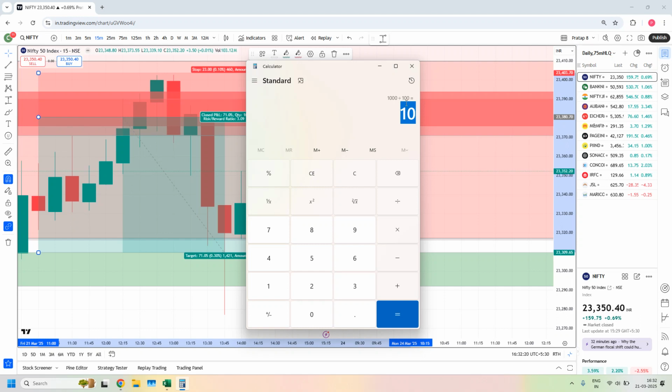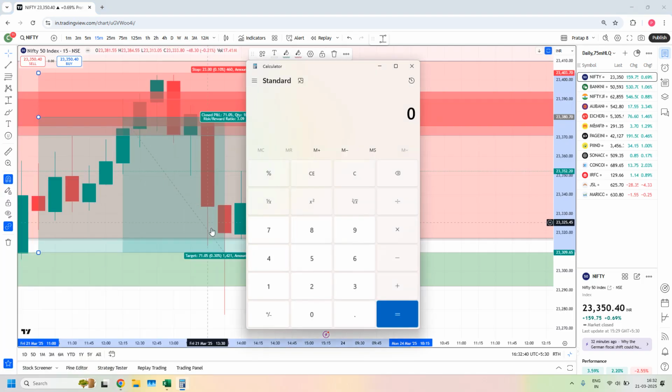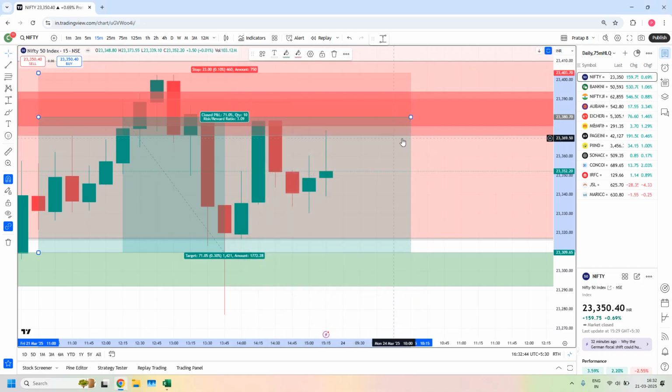The value should be either a 10 rupees stop buffer, or 20 rupees, or 30 rupees stop buffer. It should not be like 15 rupees or 16 rupees or 17 rupees. Suppose for stocks above 5,000, or about 10,000 rupees, you can round off to 5 rupees.